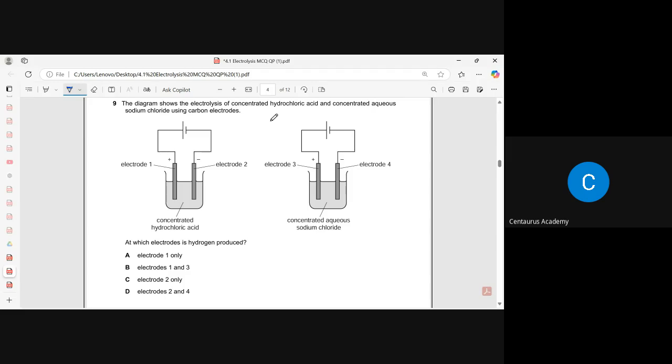Now, at which electrodes is hydrogen produced? Yes, D is the right answer here.